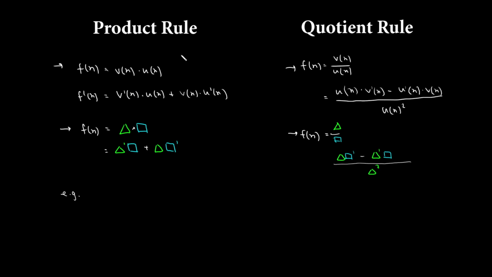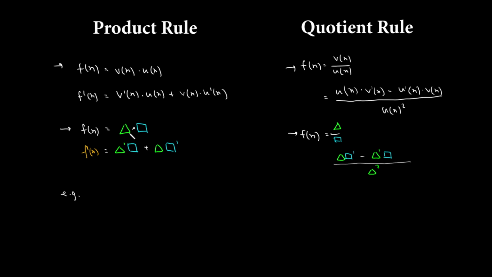This is a really tricky notation, but let me simplify it in terms of triangles and squares as we did it in 6th grade. We have a function, a green triangle, right? We have a triangle multiplied by a square. And basically, the derivative of this function is going to be the derivative of the triangle multiplied by just the square, plus just the triangle multiplied by the derivative of the square.